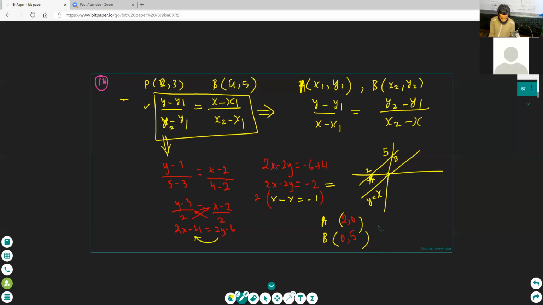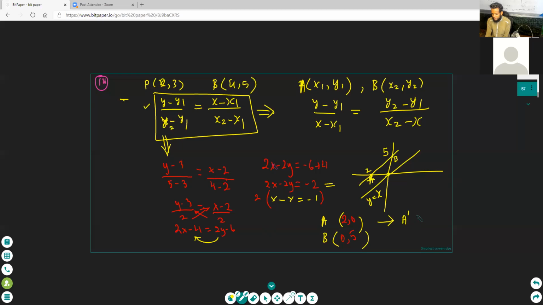In the next day we have studied reflection about y is equal to x. Then we change x by y and y to x. Okay. Can you do it?